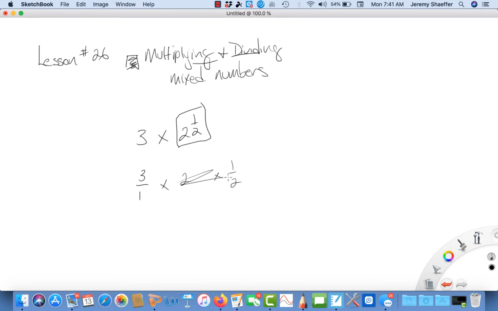Or instead of that, let's do this. 3 over 1 times, and if the mixed fraction is 2 and 1/2, let's turn this into an improper fraction. So 2 times 2 is 4, plus 1 equals 5, and then we keep the denominator. So let's multiply it by 5 over 2. Oops, 2, not 5. That equals 15 over 2.